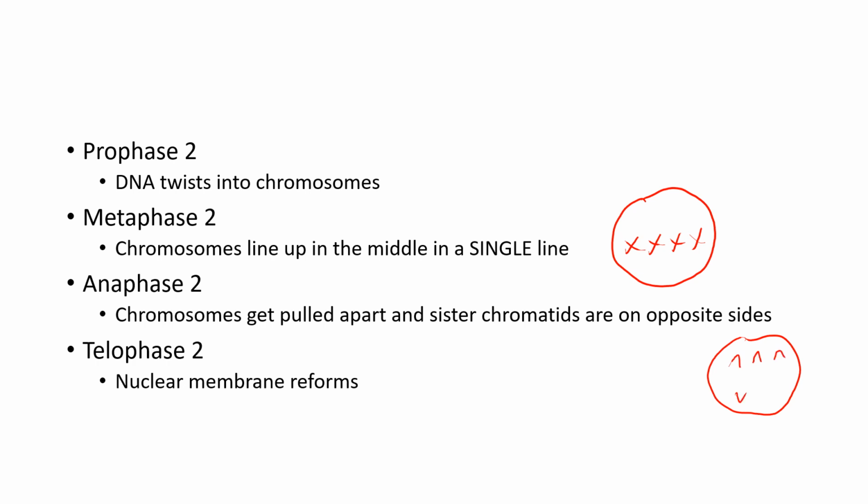And just like mitosis for telophase 2, that peanut-shaped nuclear membrane forms, and we have all those half chromosomes, which are also called sister chromatids, form in there, just like that.